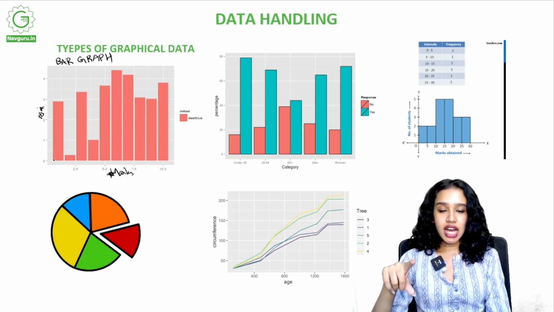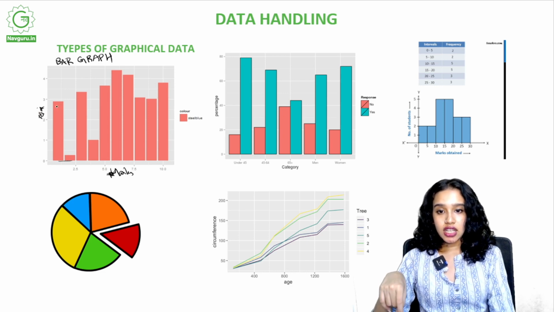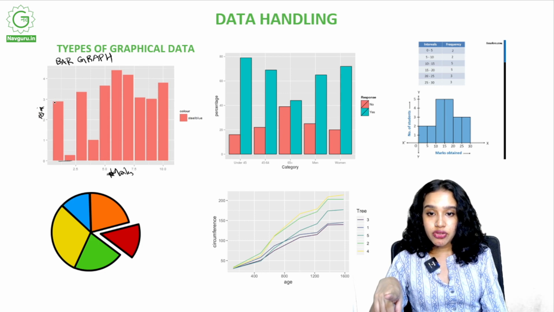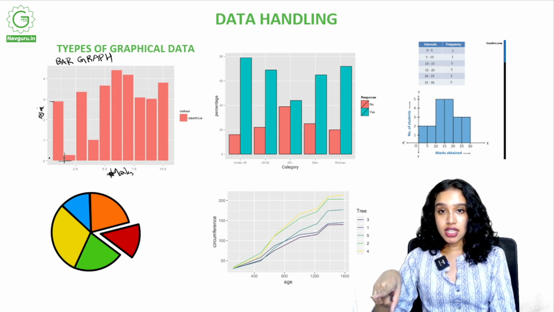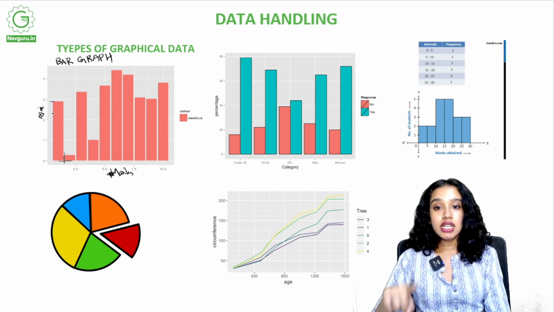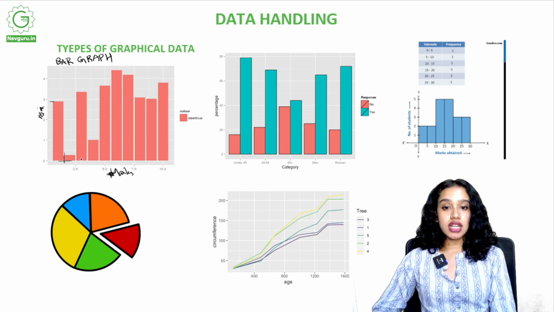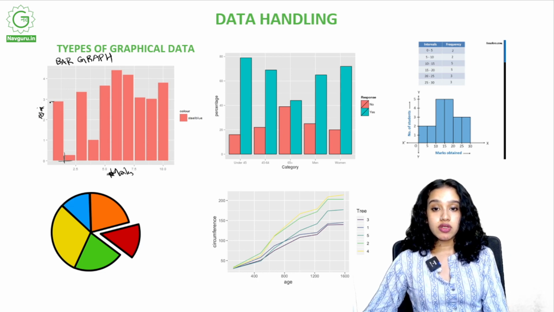If I am saying the y-axis is marks and the x-axis is kids, we could easily analyze that for 2 point something kids, how many marks is obtained, from 0 to half of 2.5. That is 1.25. 1.25 marks is for 3 kids. Now, so on and so forth, we could analyze whatever is going on from this bar graph.